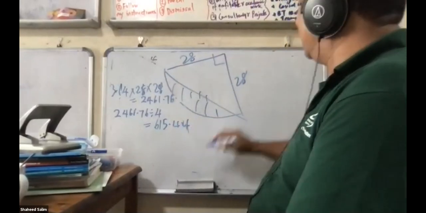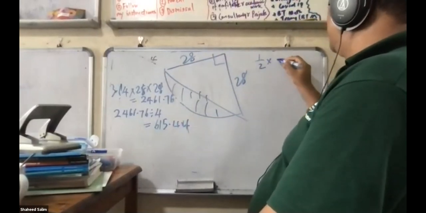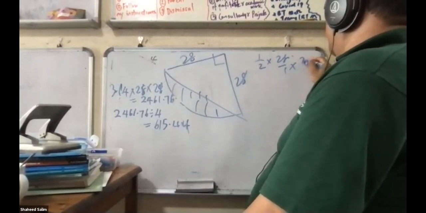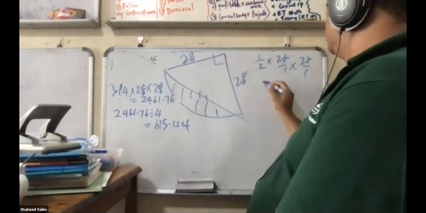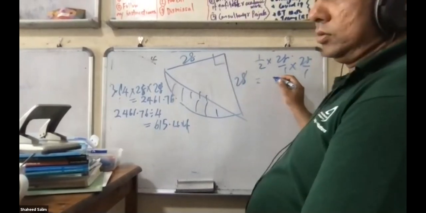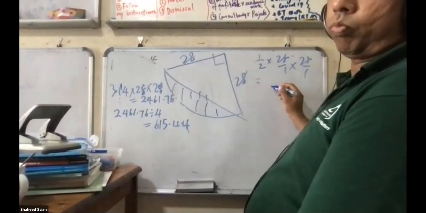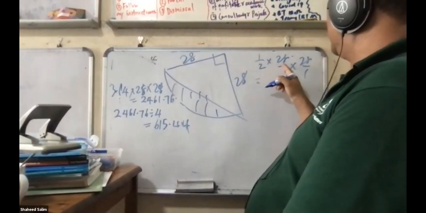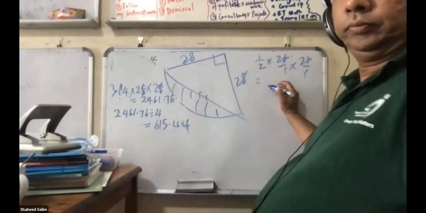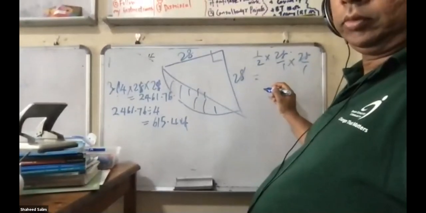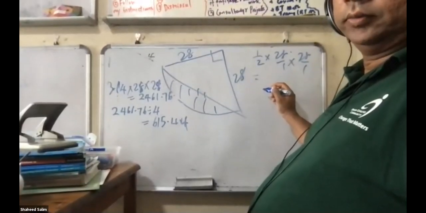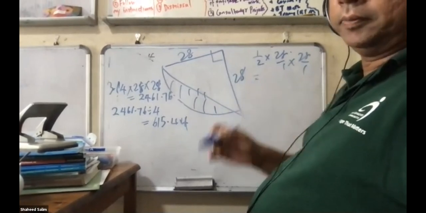Now you need to find the area of the triangle. Half times base times height. Base is 28, height is 28 also. What's your answer? Half times 28 times 28. 392.